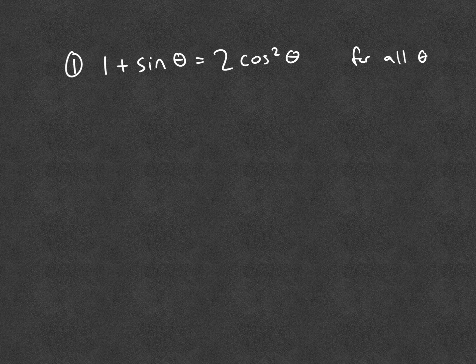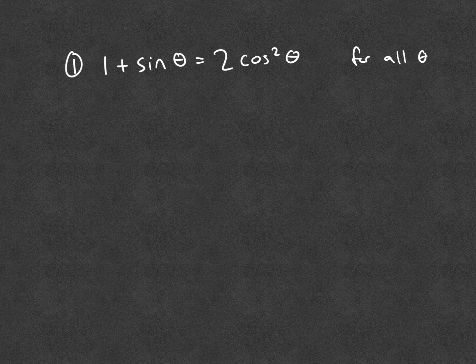First one here, we've got 1 plus sine of theta equals 2 cosine squared theta. We're going to solve it for all theta. Notice we're not going to be able to isolate and just get it to say sine theta equals a number or cosine theta equals a number. So here I need to use some formulas or identities to simplify this.